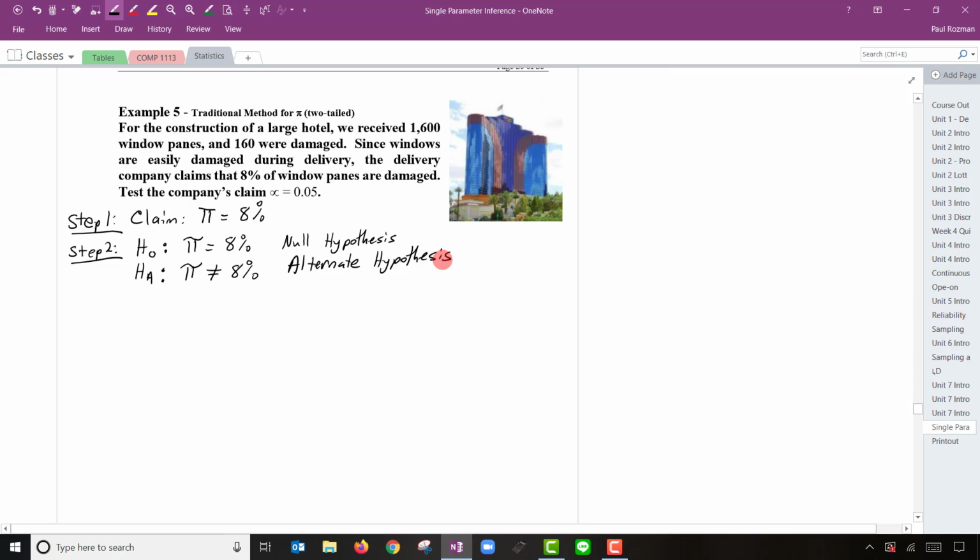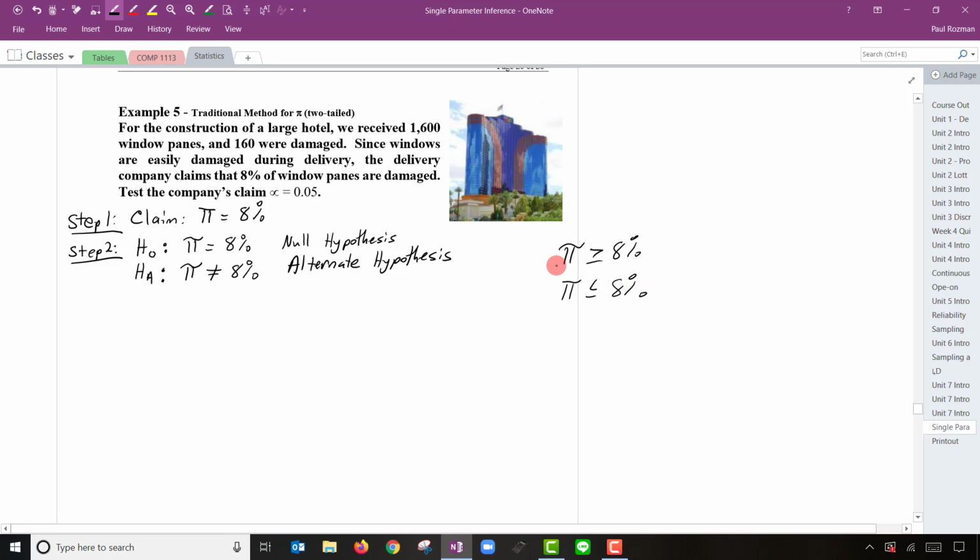So we figured out what our claim was. When you're doing these later, you'll first have to decide, is this a mu question or is it a pi question, for example? And then you'll have to figure out how it's worded, whether the claim has an equal sign or not. You know, sometimes they could have claimed that pi was greater than or equal to 8%, or maybe they claimed that pi was less than or equal to 8%.